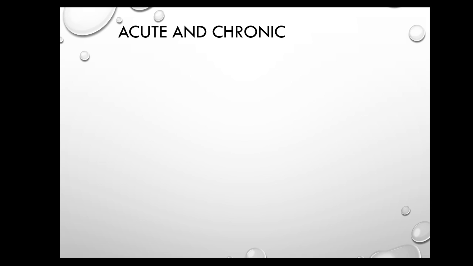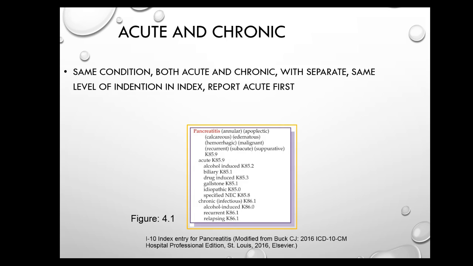Now we're going to discuss how to code acute and chronic conditions. When it is the same condition and the doctor documents that the condition is both acute and chronic, we would go to the indentation in the index and see if they are indented on the same level.